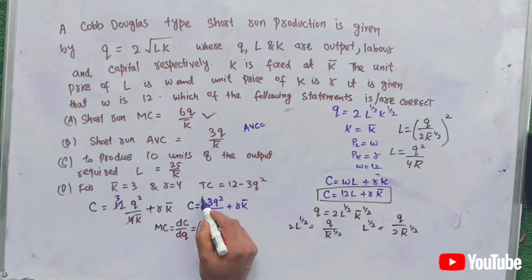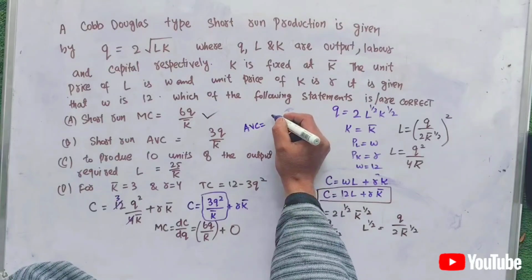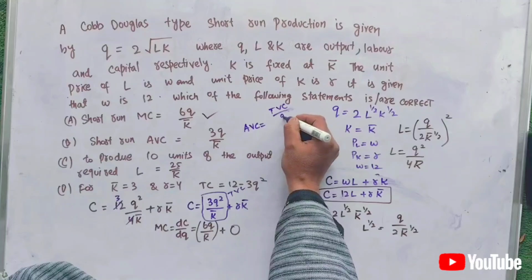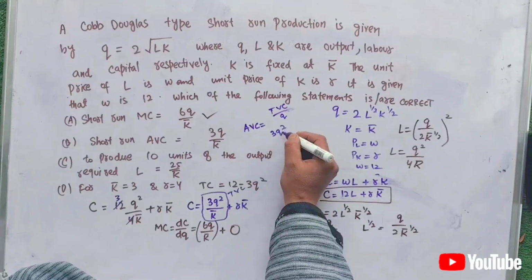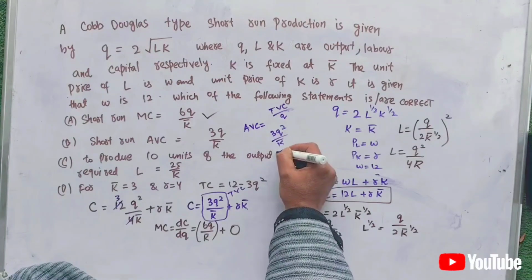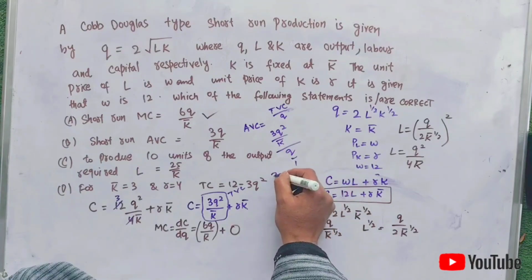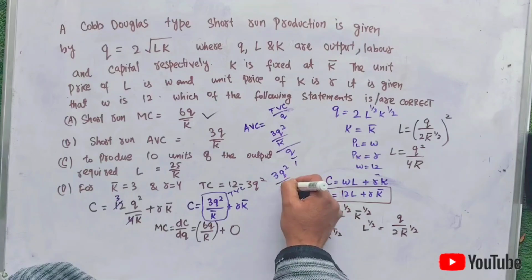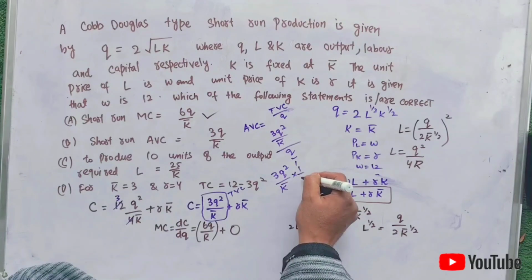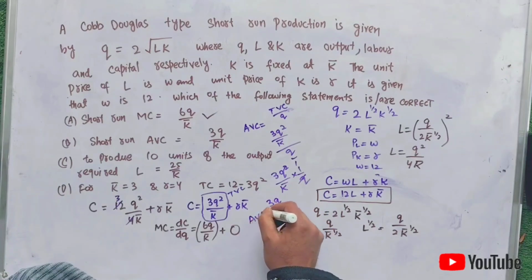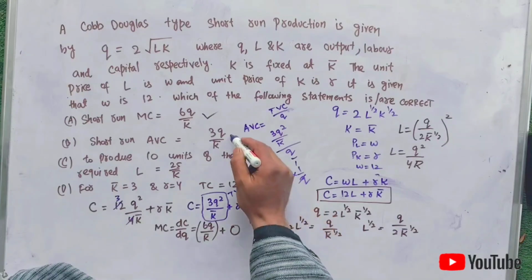So this thing denotes the total variable cost, so this is our TVC, and we divide TVC by Q. So we have 3Q square divided by K bar, divided by Q, so we get 3Q square divided by K bar times 1 upon Q. So Q is cancelled, and we get 3Q divided by K. So this is our average variable cost, 3Q upon K. This is also correct.